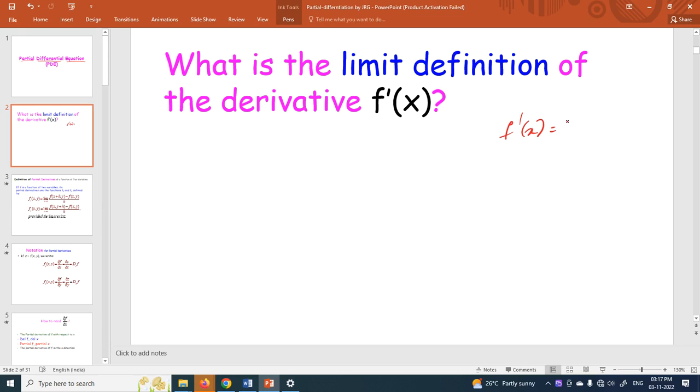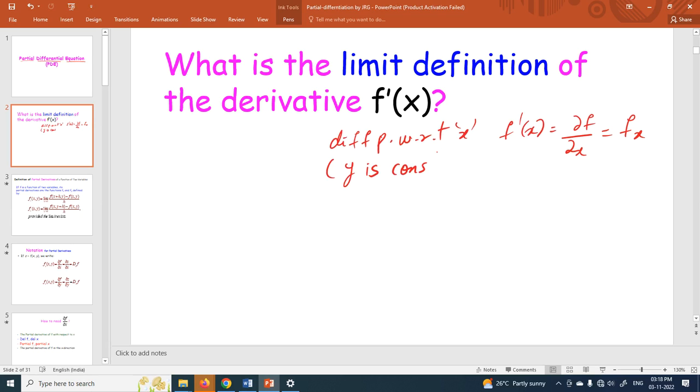This is simply written as dou f upon dou x. It is also written as fx. Is it clear? It means that you are differentiating partially with respect to x, keeping in mind that y is constant. Is it clear, students? So these things you should remember.